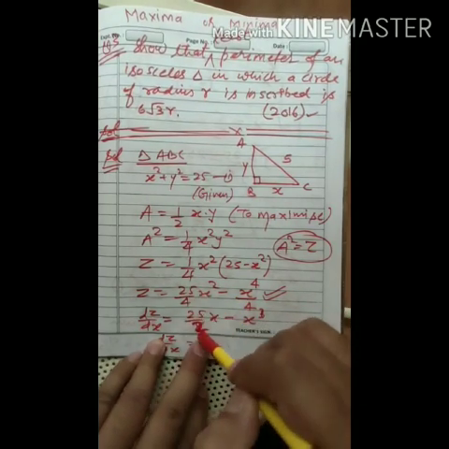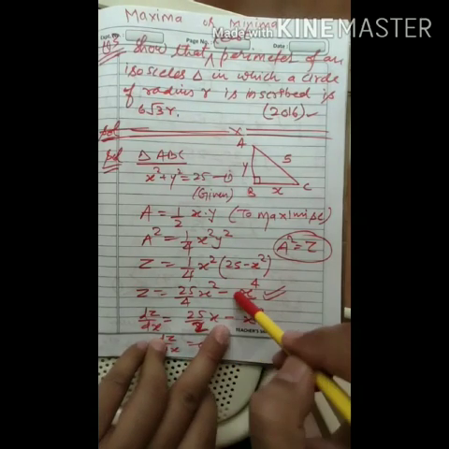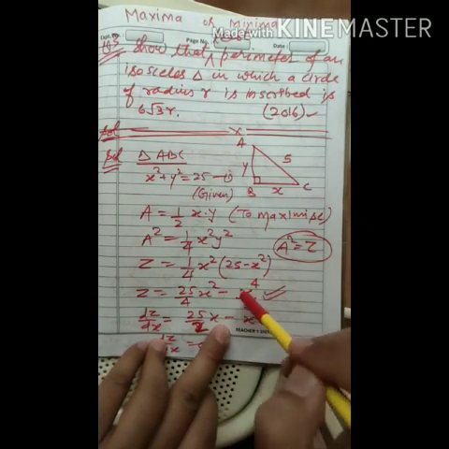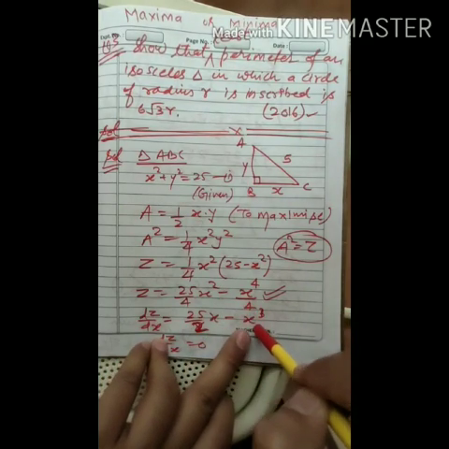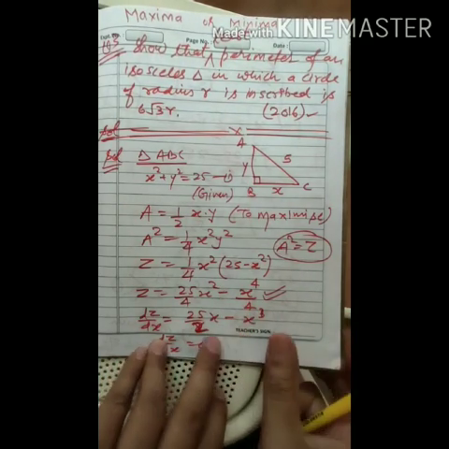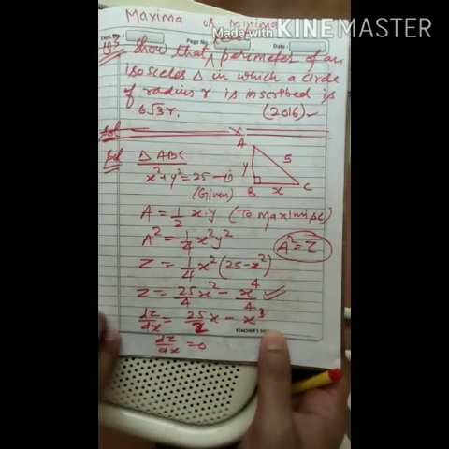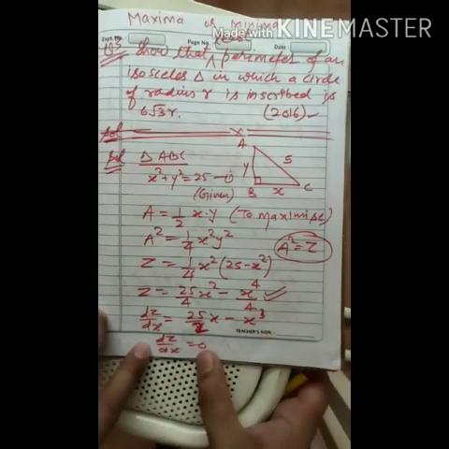So 25 by 2 x minus differentiation of x to the power 4 will be 4x cube. 4 and 4 will cancel out, and x cube will be left. Right, now for maxima or minima, put dz over dx equal to 0.